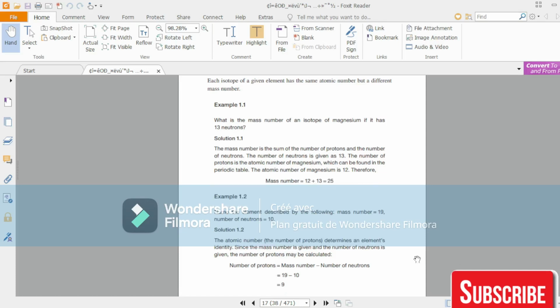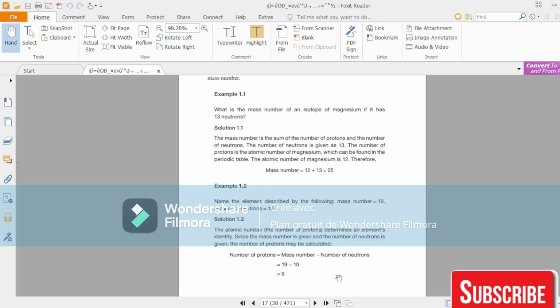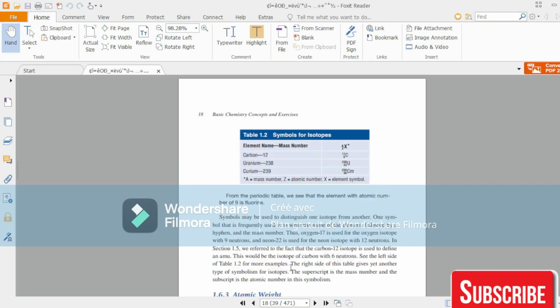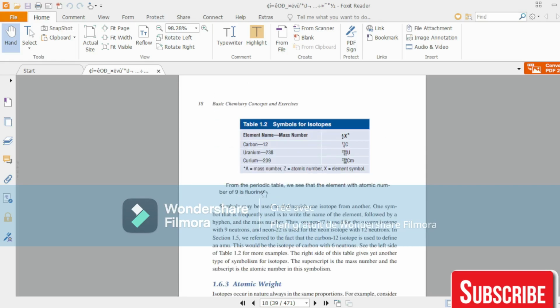Number of protons equals mass number minus number of neutrons equals 19 minus 10, and the result is 9. From the periodic table, we see that the element with atomic number 9 is fluorine.